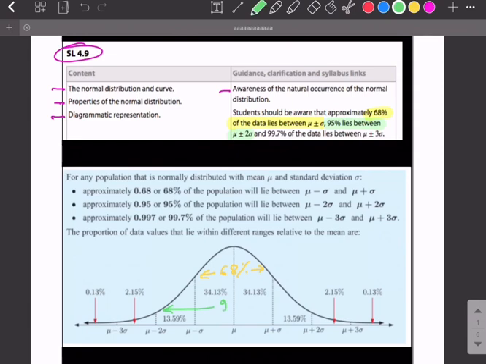So these are important numbers that you need to know for the IB. And then for the IB, if you divide this by 2, you get 47.5. I'm going to write these numbers down.